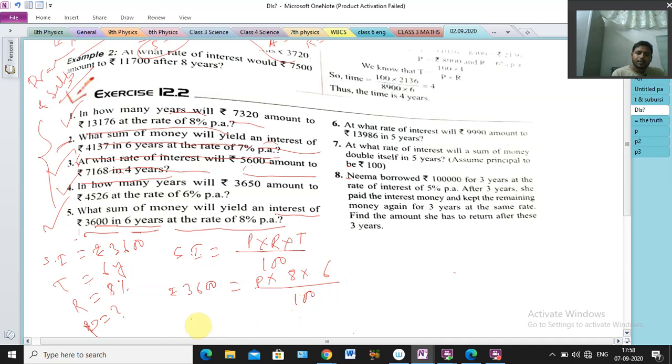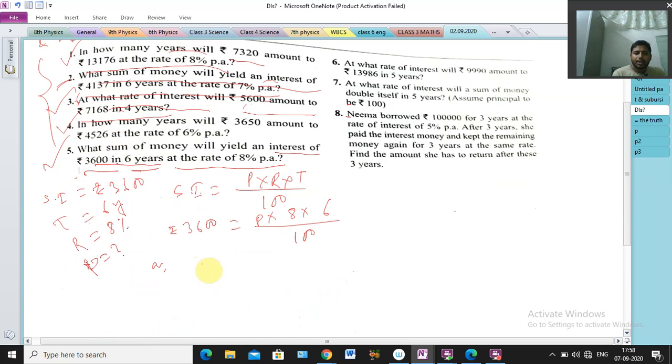So from here we can write P equal to rupees 3600 into 100 by 8 into 6. SI into 100 by R into T, that is the formula.